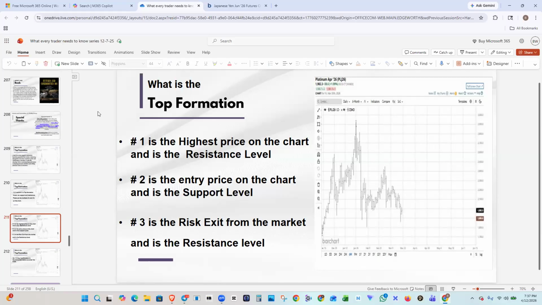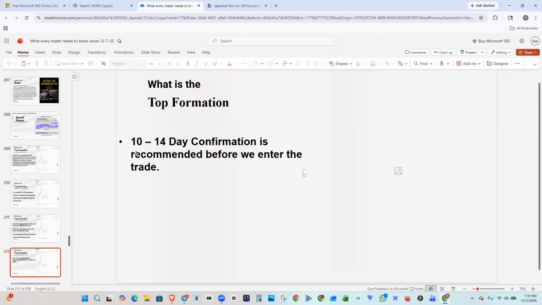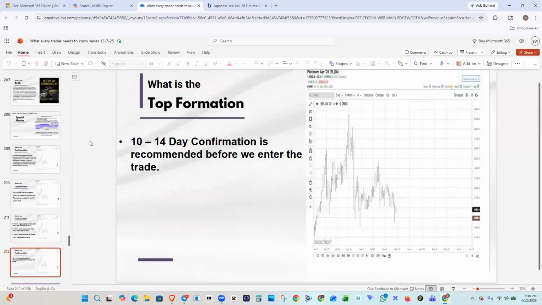And the number 3, the exit, is when the market changes direction, heads towards the number 1, hits resistance, and reverses trend back towards number 2 again. Okay? Just like on the bottom, for a top formation it's really best if we can get a 10 to 14 day confirmation before we enter the trade.